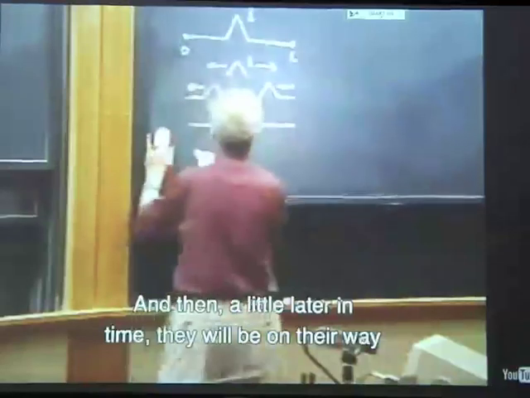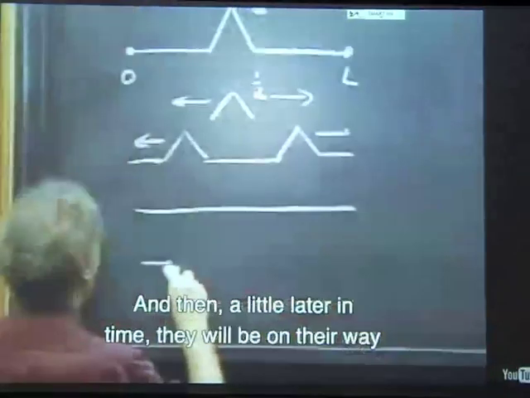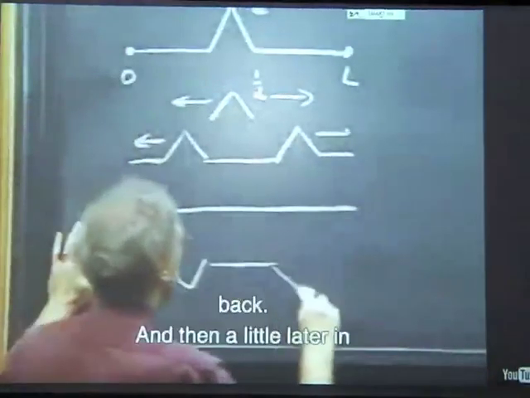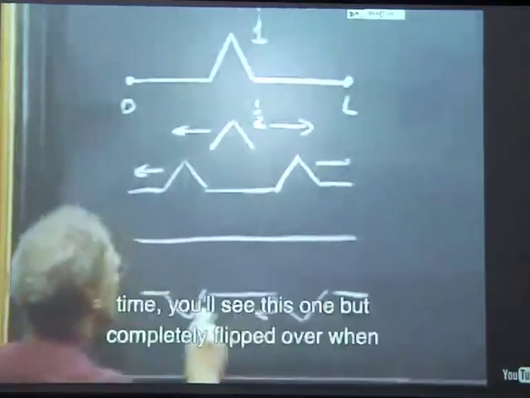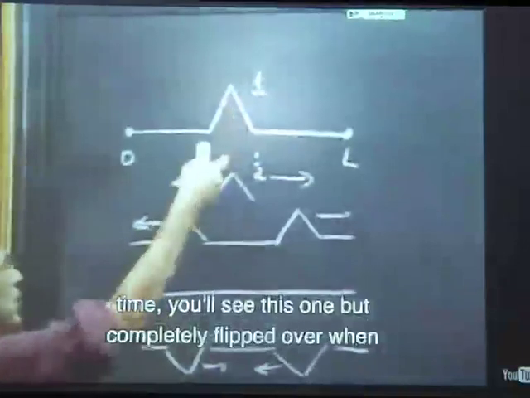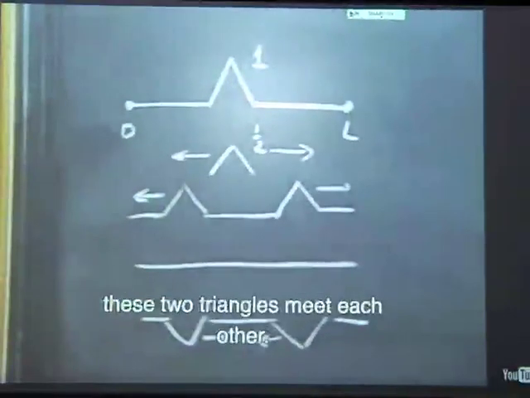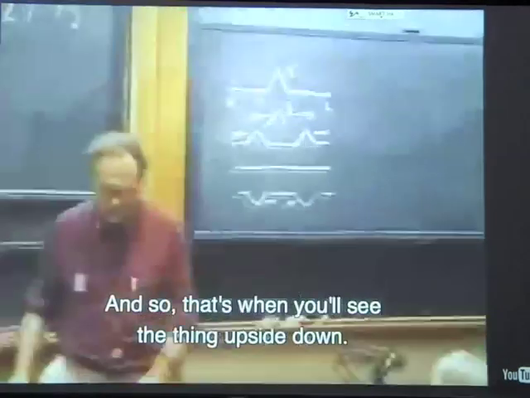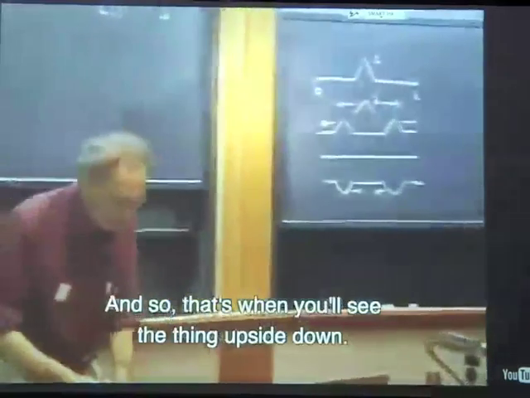And then a little later in time, they will be on their way back. And then a little later you will see this one, but completely flipped over, when these two triangles meet each other. That's when you will see the thing upside down.